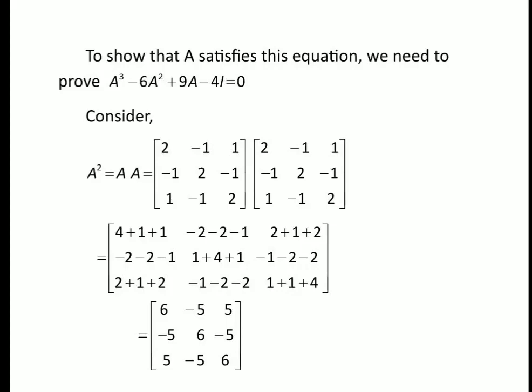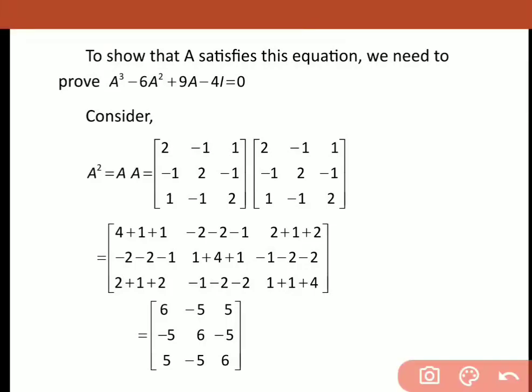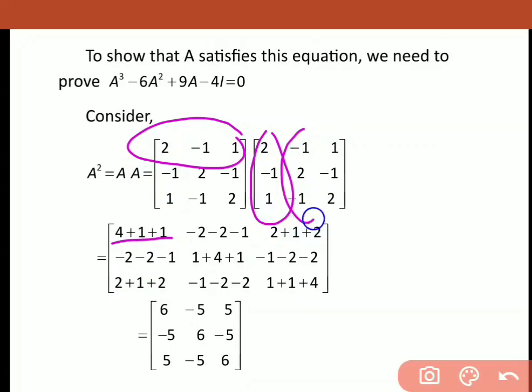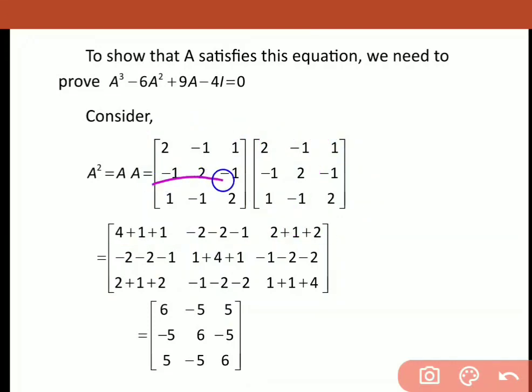For this, consider A square equals A into A. First you have to find A into A. First row with first column, you will get this element. Then similarly first row with second column, you will get this second element. First row with third column, you will get this element. Similarly second row into first column.